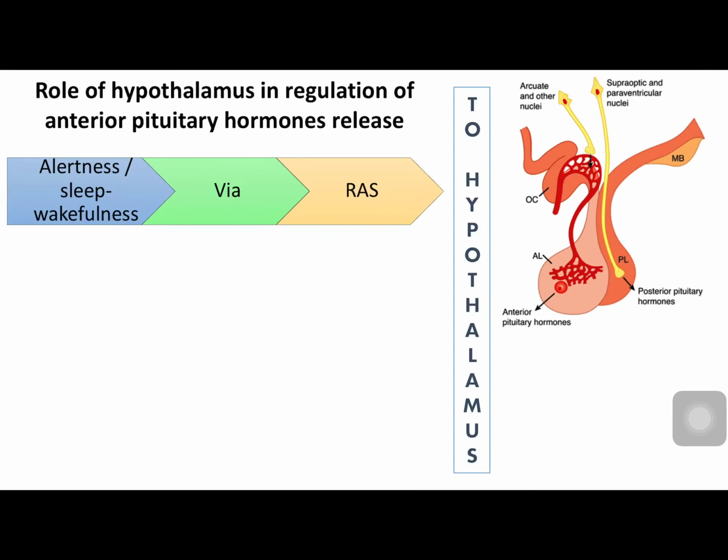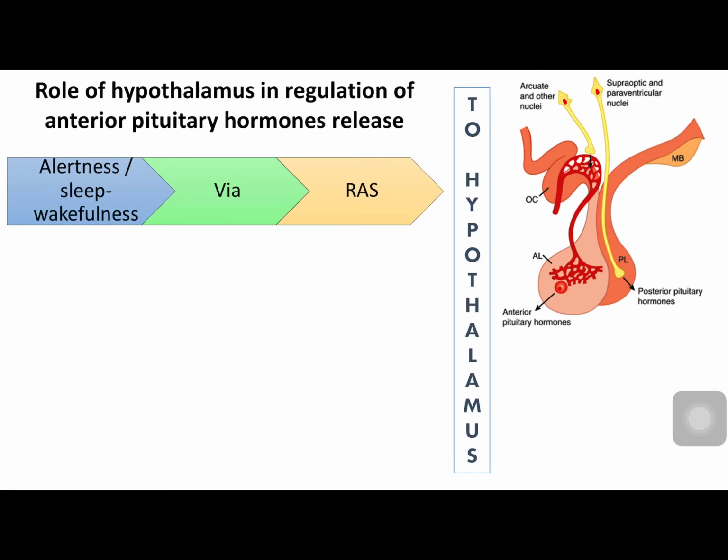Because the neuronal signals get integrated onto the hypothalamus. For example, impulses regarding alertness and wakefulness reach the hypothalamus via the reticular activating system.